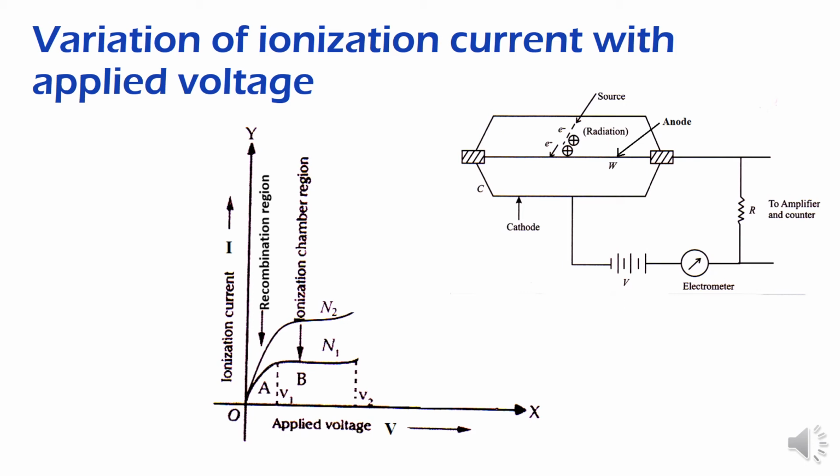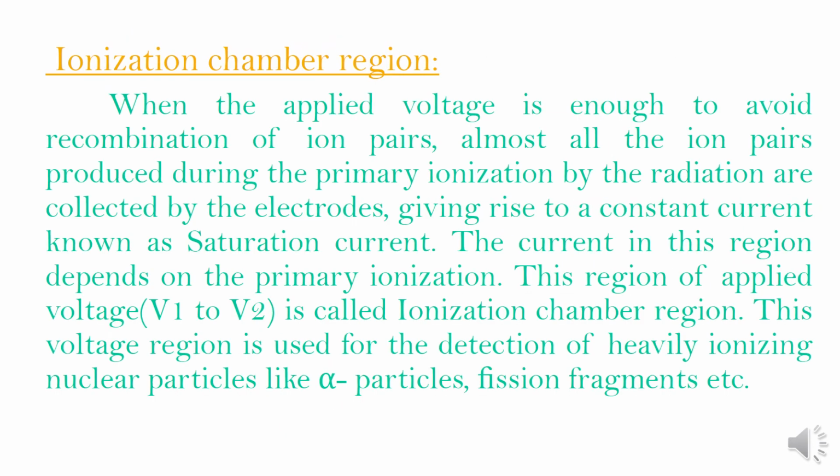This voltage region is called the ionization chamber region, and it is usually used to detect particles like alpha particles and fission fragments. Let us see what happens when the applied voltage is greater than V2. Now this is the information about the ionization chamber region.